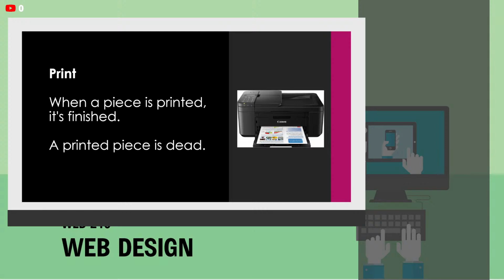And so what does that mean? You know, for a printed piece, you can't just take the printed piece and change the information on it, right? Like, it's a nice looking printed finished piece.